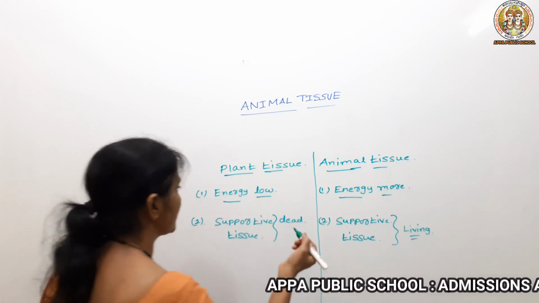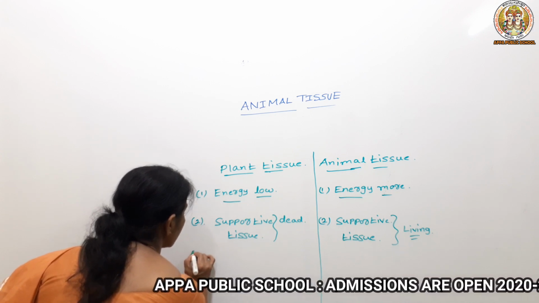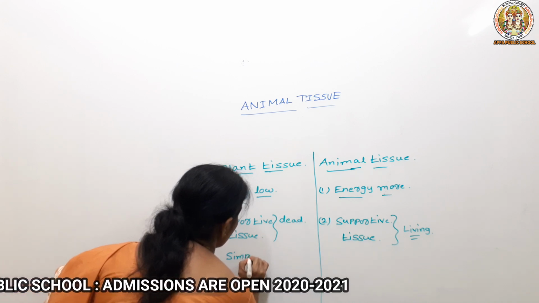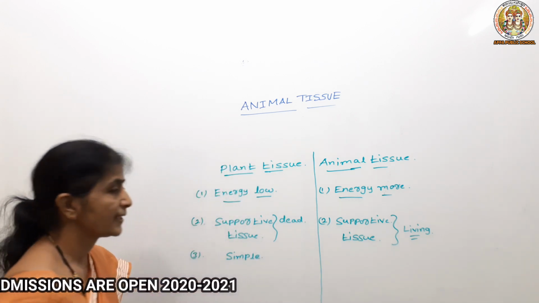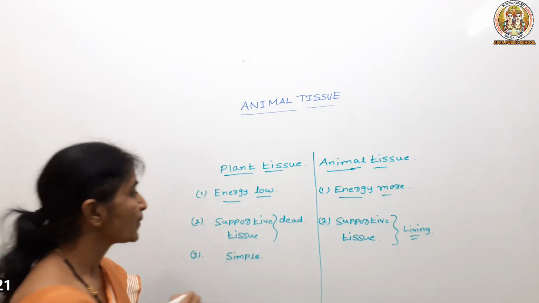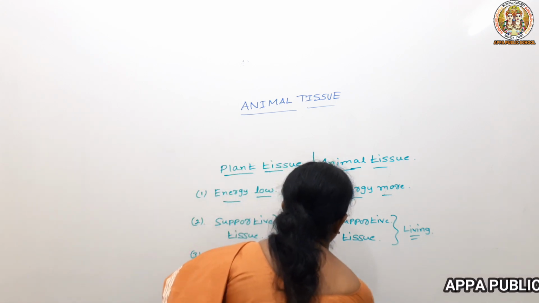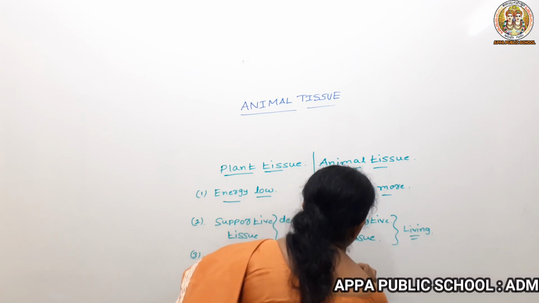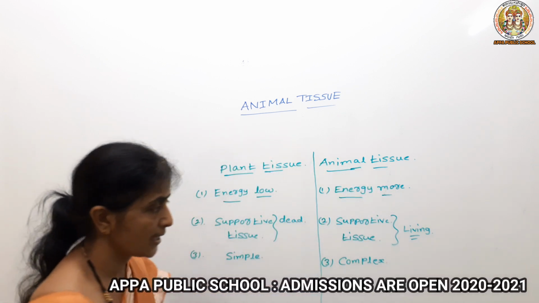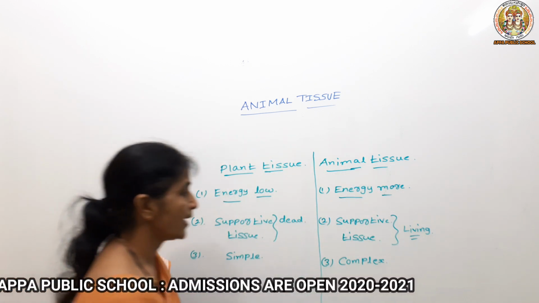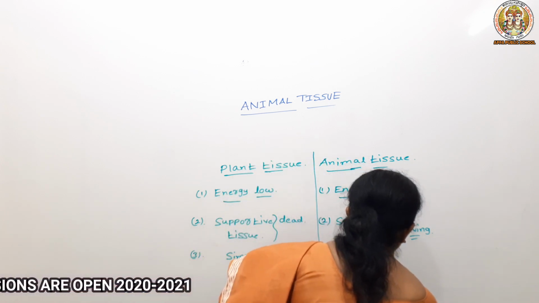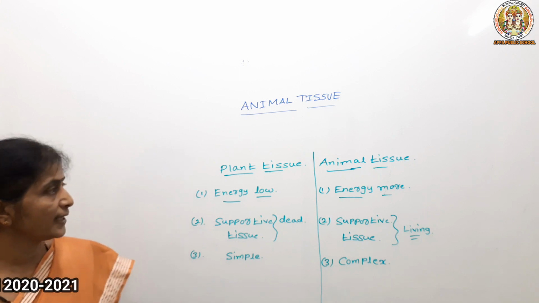because it will be having the complex structure. And third one is the structural organization is very simple in case of plant tissue, but the structural organization is complex in case of animal tissue, because it consists of the tissue and organ system. But in case of the plant, the organ and organ system is not present.